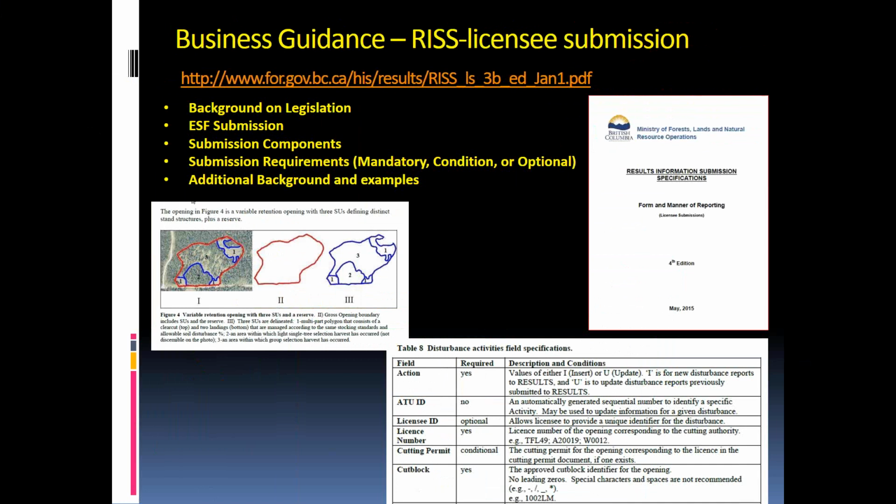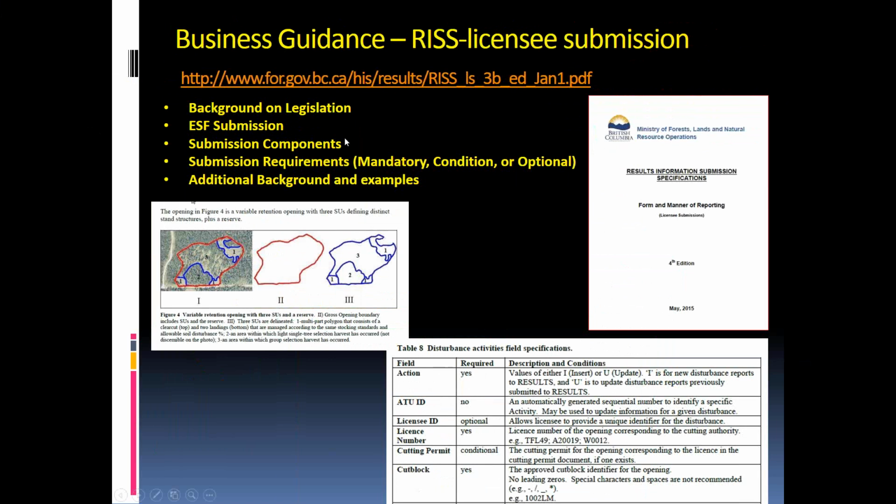And when you go into those documents, they explain the background on legislation, the stuff that I just talked about earlier, and get into very high level information about what ESF is. This is the Electronic Submission Framework and how it's supposed to work. It talks about the submission components.